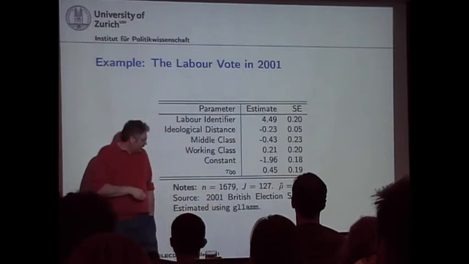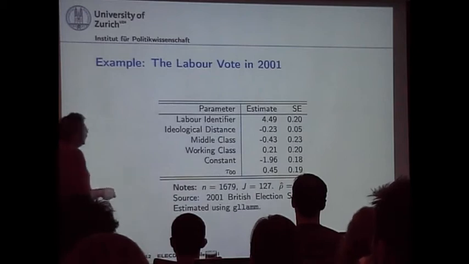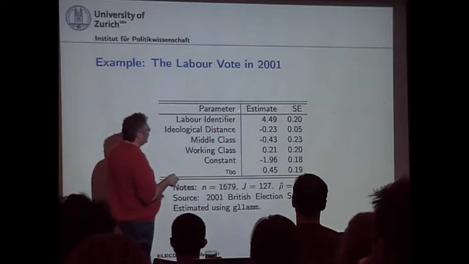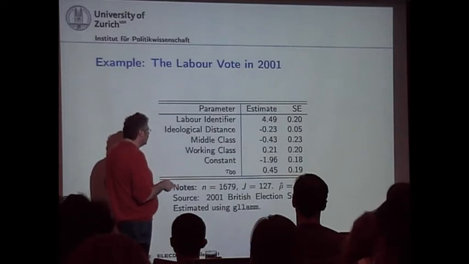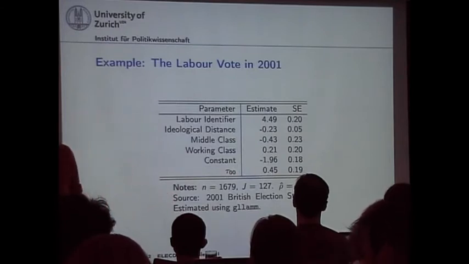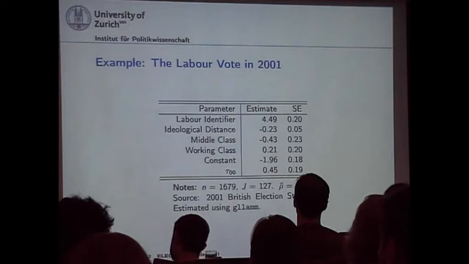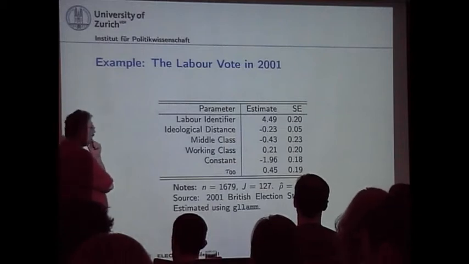127 constituencies with 1,679 individuals. And here are the estimates for Labour identifier, ideological distance, middle class, working class, constant. Here is the thing that is of interest. This is the variance component, tau 0,0, which is 0.45 and highly significant. It's of course not a great surprise that the fortunes of Labour vary across constituencies, but that's what we've modeled here to pick up.